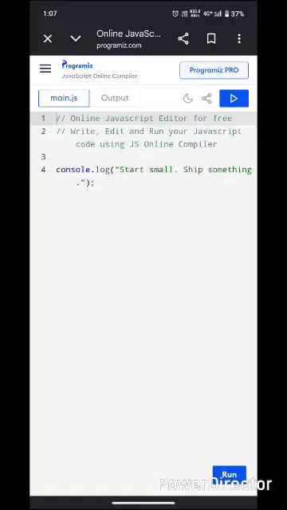Suppose you are writing a JavaScript ternary operator, or a triple equal to while comparing in JavaScript. These rules are defined by the ECMAScript standard.